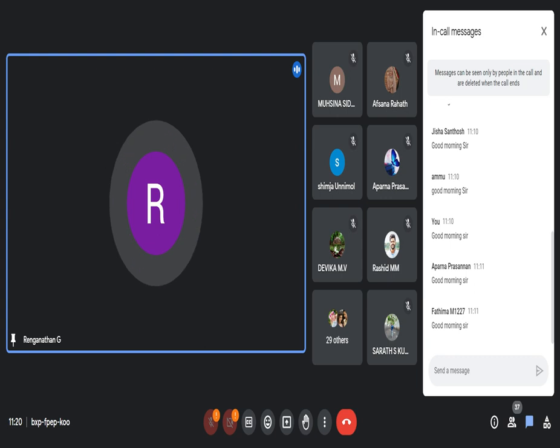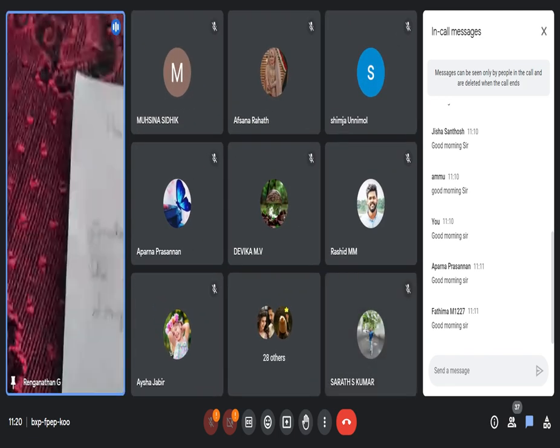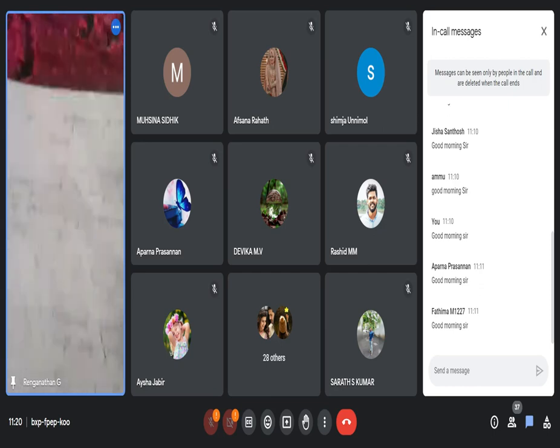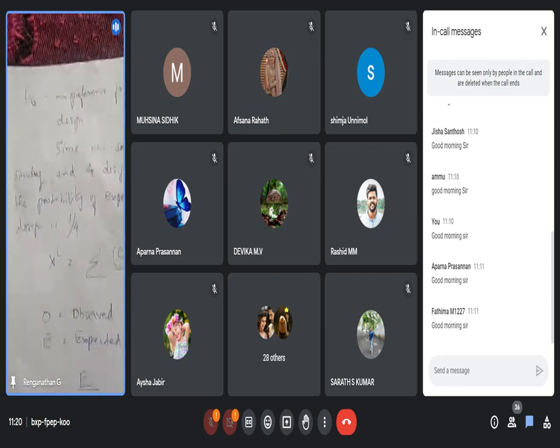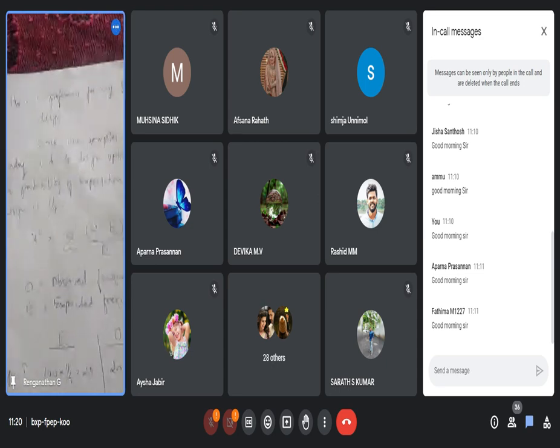That's the data he collects. Now we have to tabulate this data in a particular format. Can everybody see the screen very well? Is it clear?